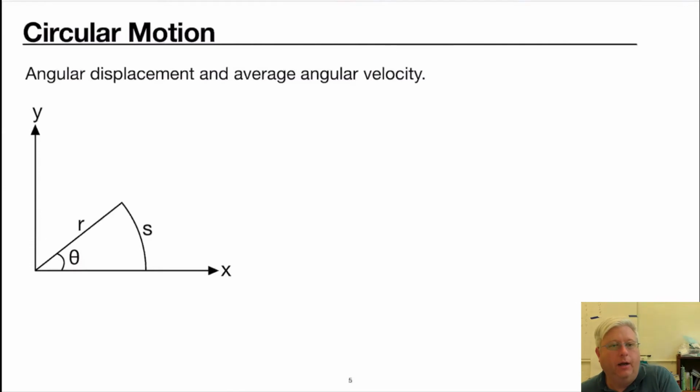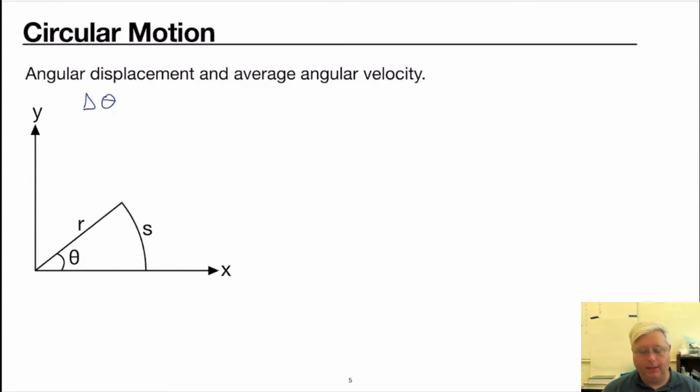So then, like linear motion, in circular motion, we can have angular displacement and angular velocity. And so we can say angular displacement is delta theta, right?